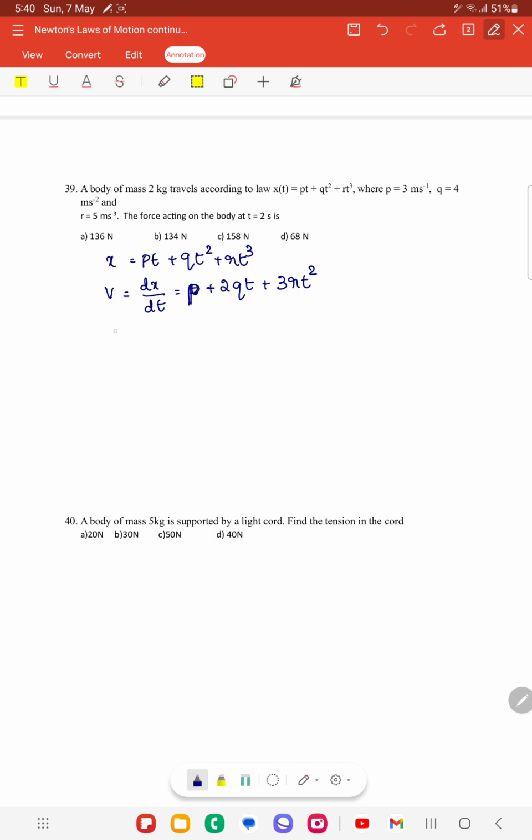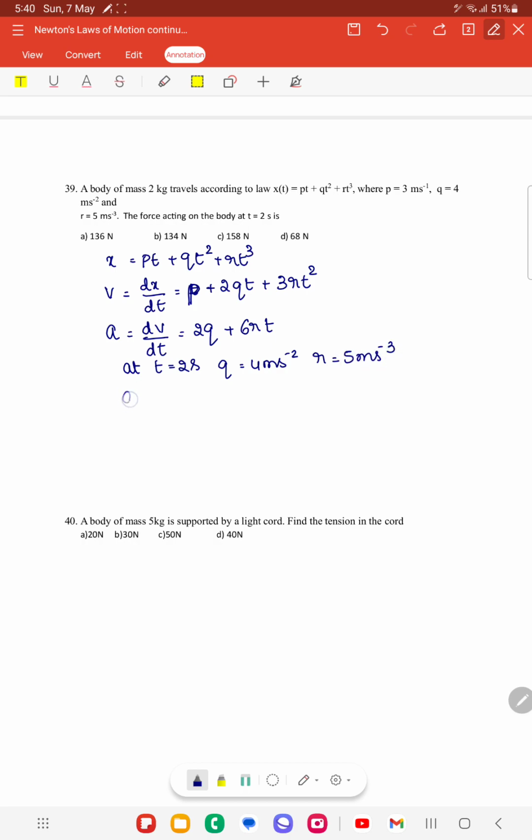So again we get acceleration a as dv by dt. Differentiation of p, which is a constant, is 0. Differentiation of 2qt is 2q plus differentiation of 3rt square is 6rt. So we have to find what is the force at t is equals to 2 seconds. So acceleration at t is equals to 2 seconds is, q value they have given as 4 meter per second square, and r value is 5.